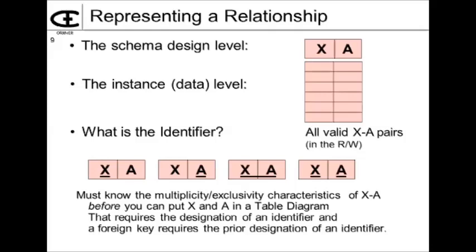That requires the definition of an identifier, and a foreign key requires the prior designation of an identifier, and the foreign key would be a connection to some other thing. So if there was a table of A's around and X was the identifier here, then A could be considered a foreign key to that other table of A.